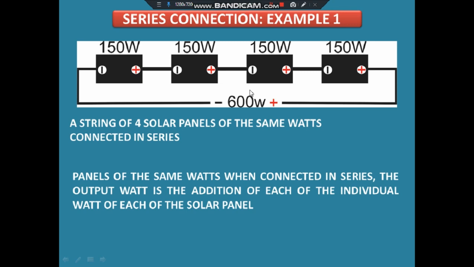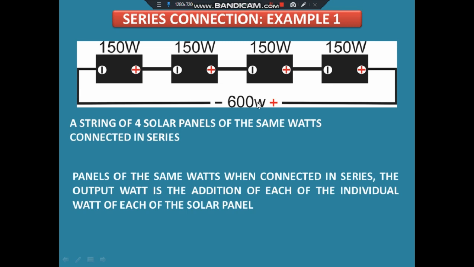So panels of the same watt, when connected in series, the output watt is the addition of the individual watts of each of the solar panels. If you have four 150 watt solar panels and you connect them in series, at the end of the day you have 600 watts output.